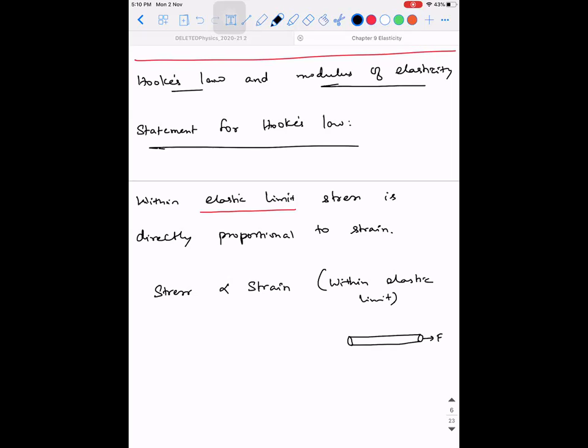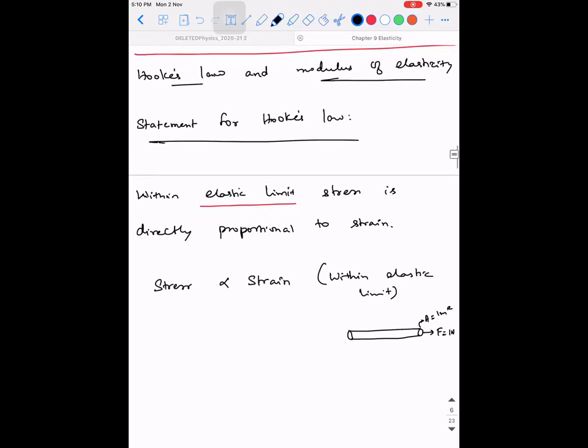Let's say I have applied a force of 1 Newton on an area of 1 meter square. What is the stress that I'm applying on this material? It is 1 Newton per meter square, because force by area is stress. Now when stress is being applied on an elastic material, let's say its length is increasing.